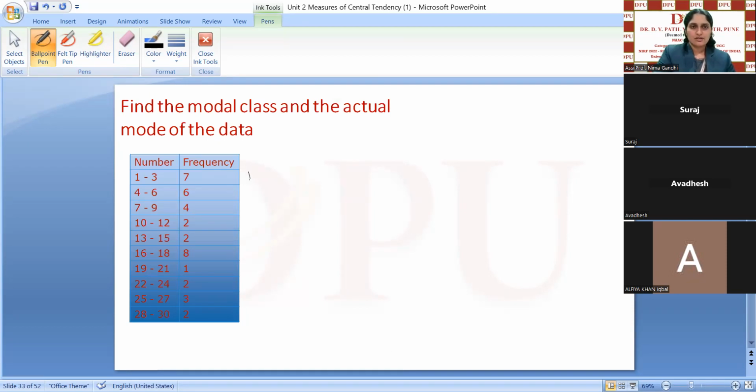So let's write 0.5 to 3.5, then 3.5 to 6.5, 6.5 to 9.5, then 9.5 to 12.5, 12.5 to 15.5.